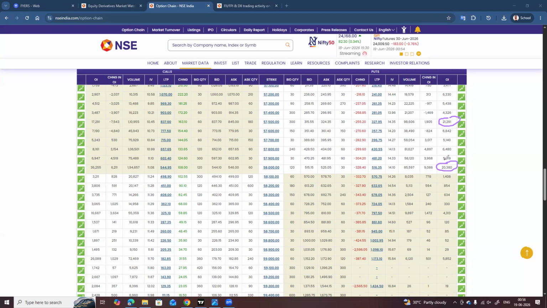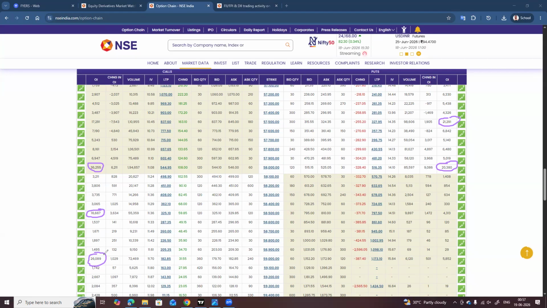These two are strong support on the put side. On the call resistance side, we have 58,500, which is 16,667, and 59,000, which is showing almost 26,089. These are the strong call resistances from this option chain.